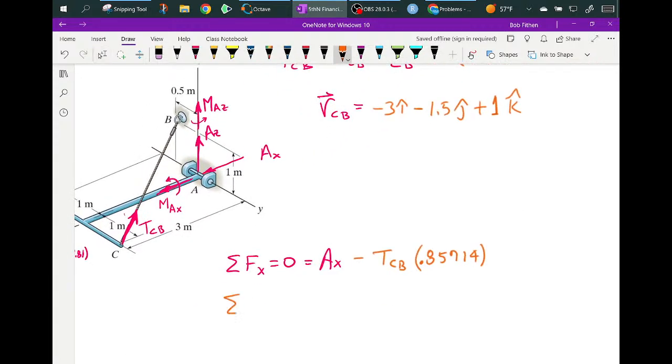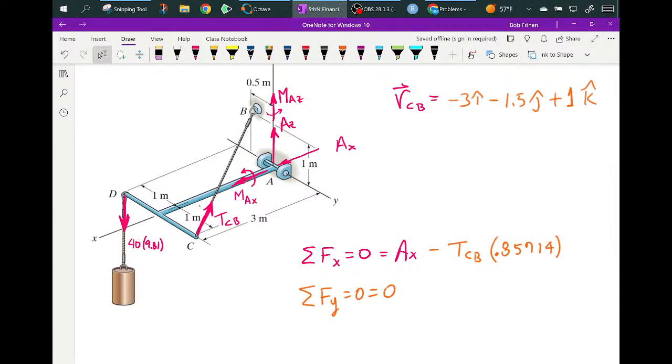Okay, if I sum the forces in the Y equals 0, I may end this in a second and pick this up in a minute.